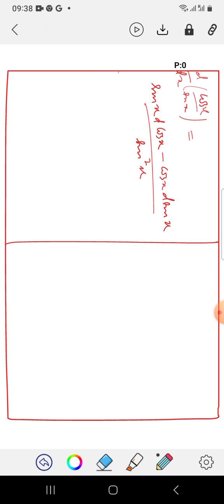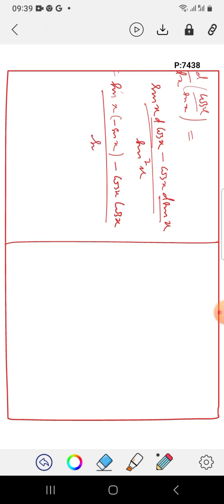So now this is going to give us sine x times, when you take the derivative of cos x, you get minus sine x, minus cos x times, when you take the derivative of sine x, you get cos x, everything over sine squared x. So we can say this is going to be minus sine squared x, and this is also minus cos squared x, now everything over sine squared x.